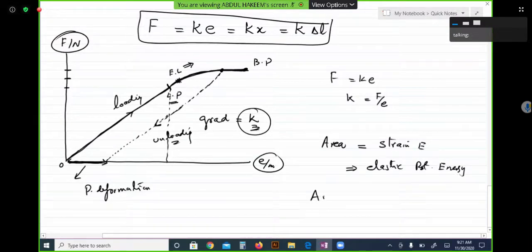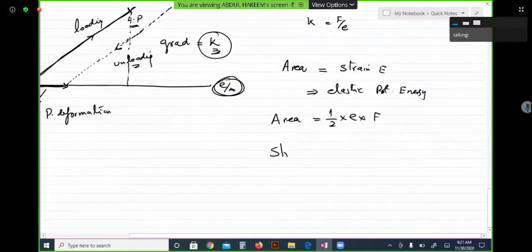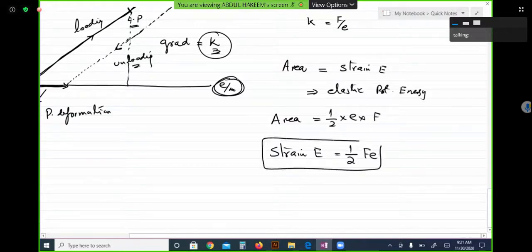Now the area of the triangle is equal to 1 by 2 into base into height. The base is extension and the height is the force. So the strain energy formula is equal to 1 by 2 Fe. This is the elastic potential energy formula.